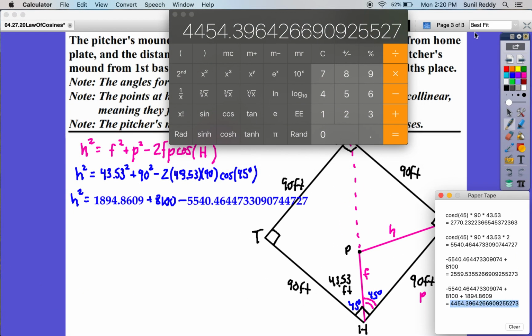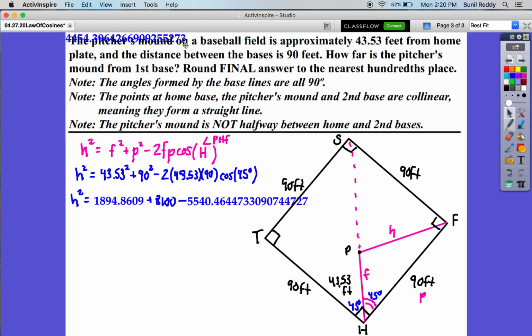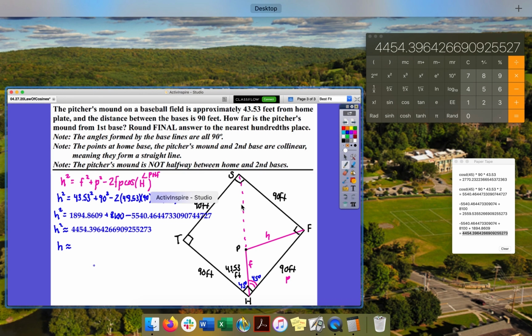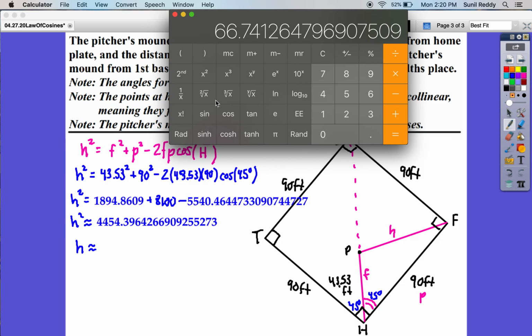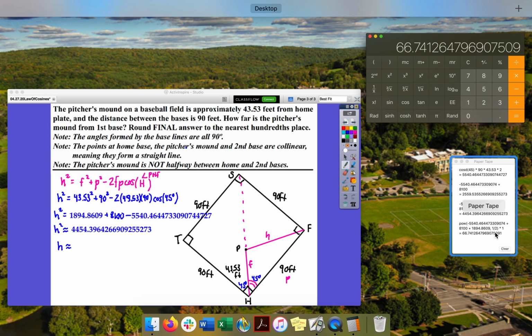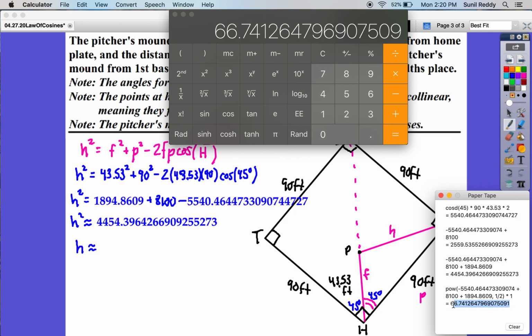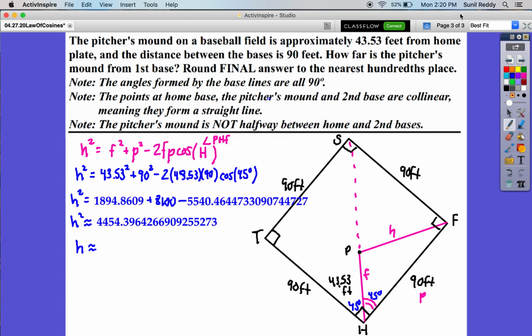And so now my result is little h squared, but I just want little h. So I'm still going to have to square root both sides in order to get my approximation for little h. So now square rooting gives this 66.74 decimal, representing little h, which was the distance from the pitcher's mound to first base.